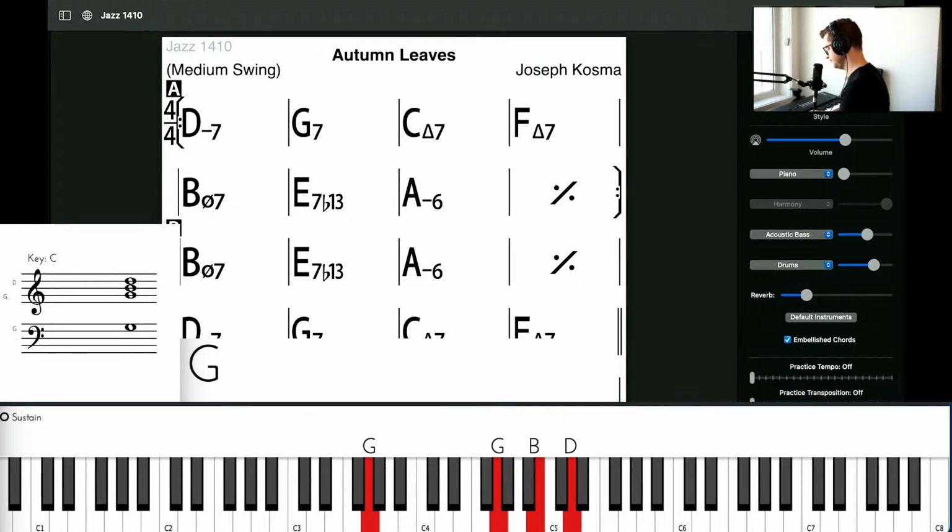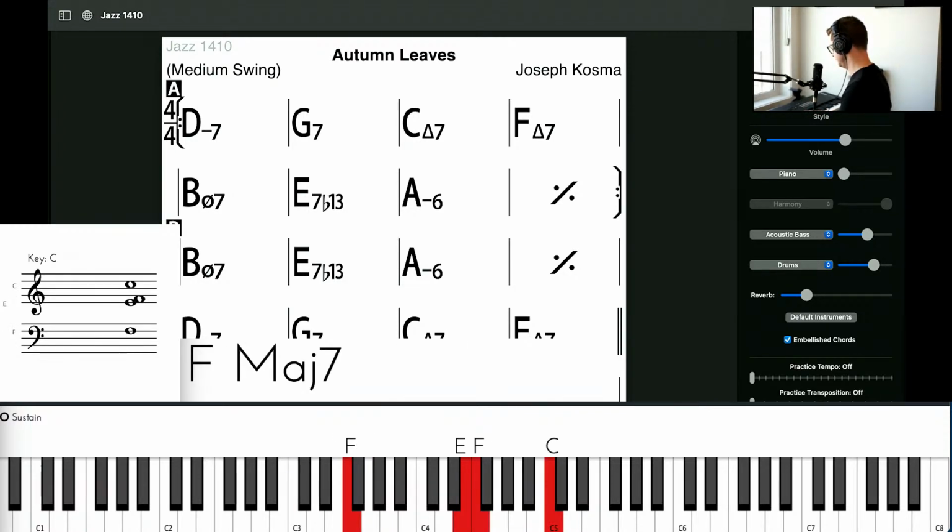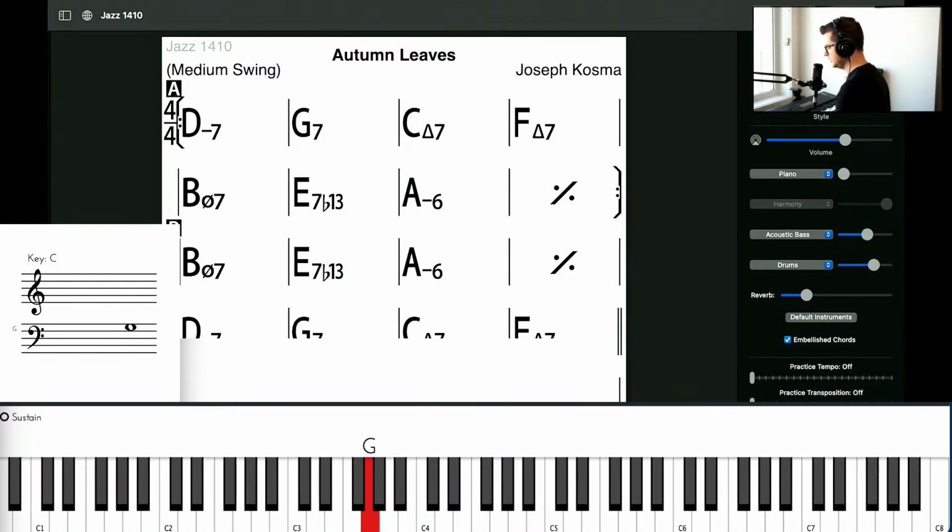There we go. And now next chord is C, so I'm gonna go there you go. So you can kind of have some rhythm skips. Do do do, da ba do, boo boo boo.